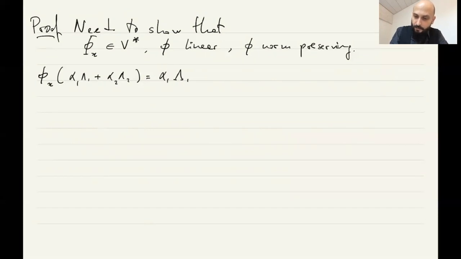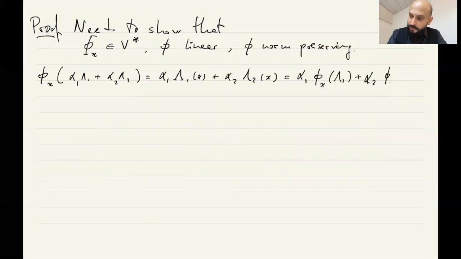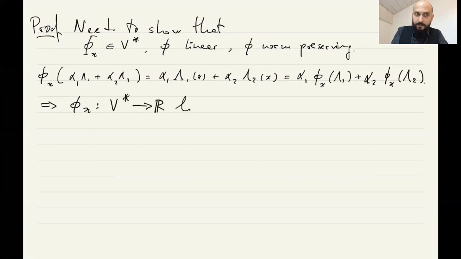Phi-x of alpha 1 lambda 1 plus alpha 2 lambda 2 is alpha 1 lambda 1 at x plus alpha 2 lambda 2 of x. And this is exactly alpha 1 times the evaluation at x of lambda 1 plus alpha 2 times the evaluation at x of lambda 2. So what we get is that Phi-x as a map from V star into R is linear.